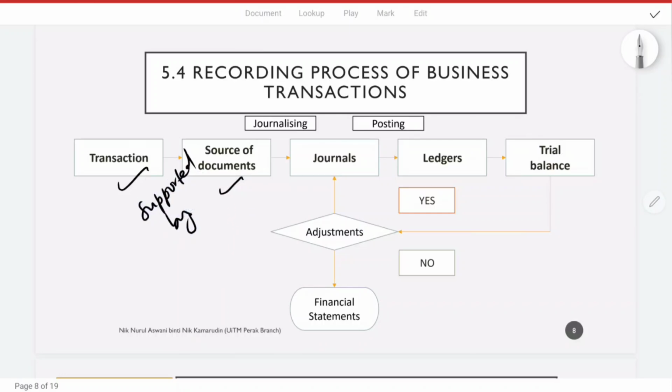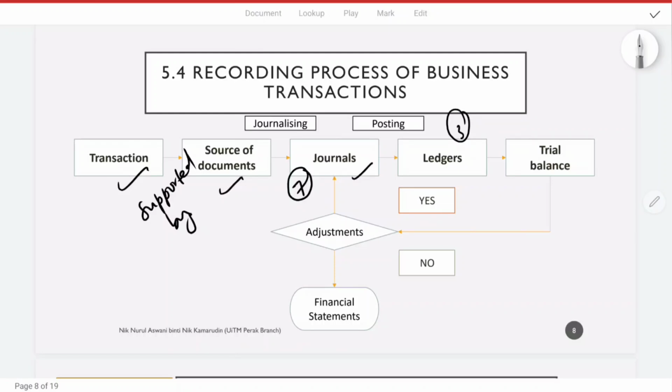Once you have identified and classified the source document into its category, you journalize the transaction in the journal. Remember that there are 7 types of journals, including the general journal, and then you post to the ledger. There are 3 types of ledger, but under the general ledger there are many ledgers.